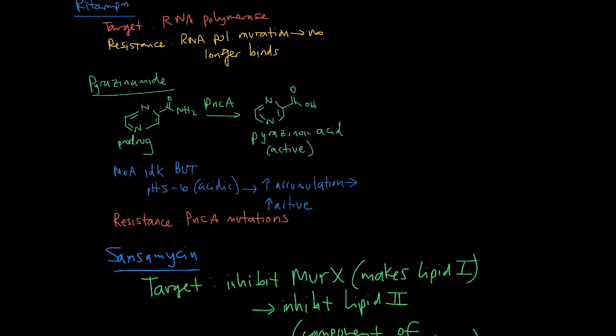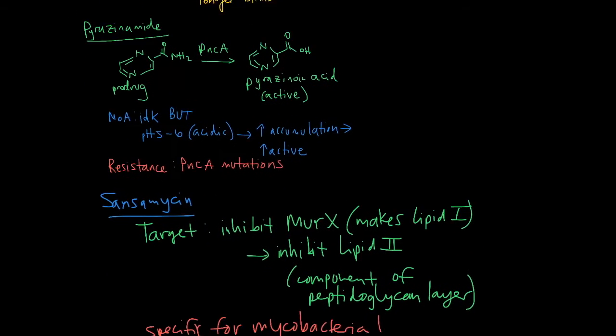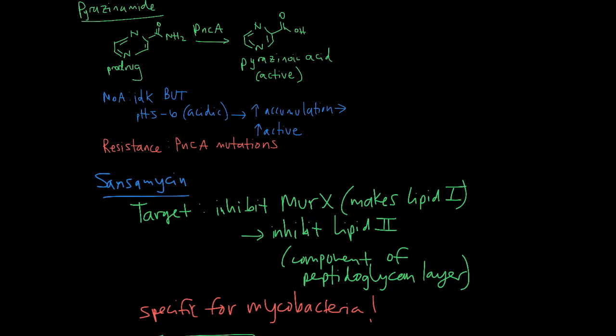Ooh, surprise, resistance can be conferred by mutation of RNA polymerase, so that rifampin can no longer bind. Pyrazinamide is a prodrug that's converted to the active form pyrazinoic acid by PncA. Remember, pyrazinamide has an amide group. Mechanism of action unknown, but at acidic pHs, it can accumulate more in the cell, so it can become more active. Resistance can be conferred by, surprise, PncA mutations.